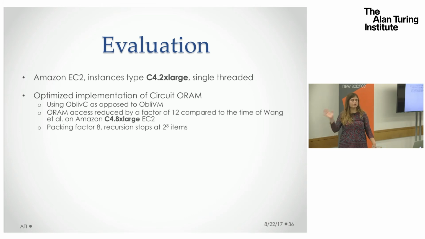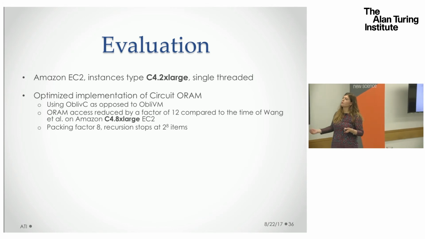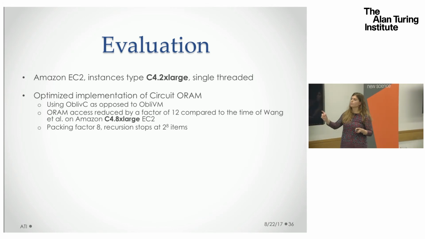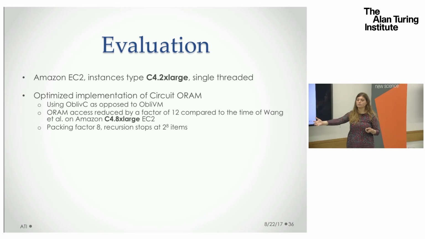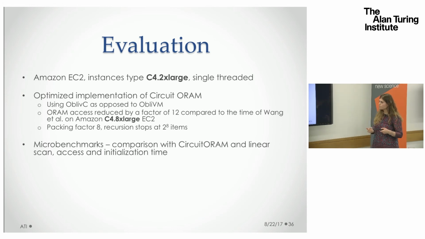We applied them first on circuit ORAM so that we can give it the best chance to give the best performance. This was related to how we shuffle things and how we pack in this recursive instantiation of the construction. And then for our micro benchmarks, we had a comparison with circuit ORAM, or the best variant of circuit ORAM that we had.